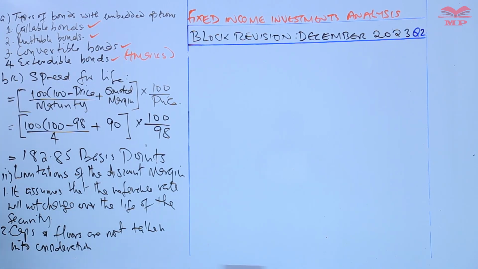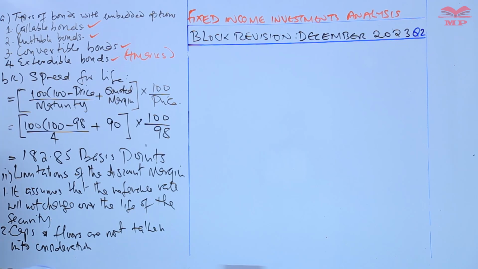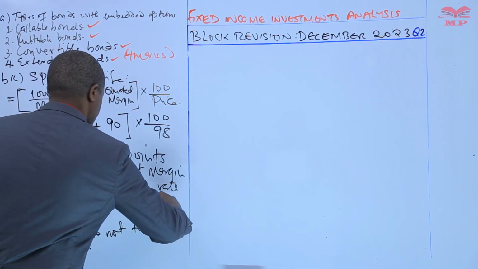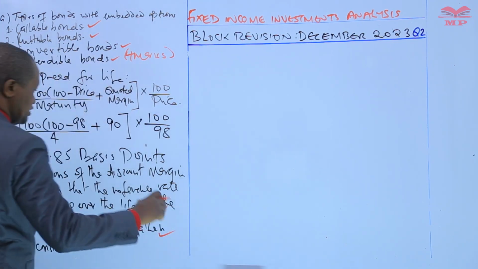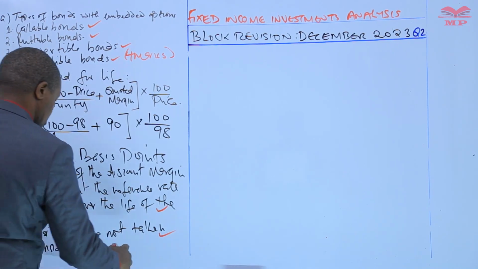If the floating rate security has a cap or a floor, this is not taken into consideration, and that is a disadvantage. It's a limitation. So these are two limitations. These are just assumptions, which are also limitations. 2 marks.